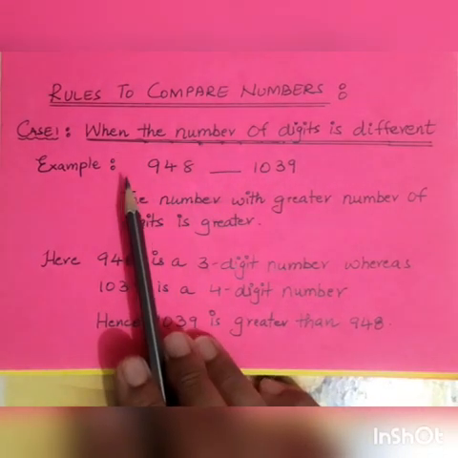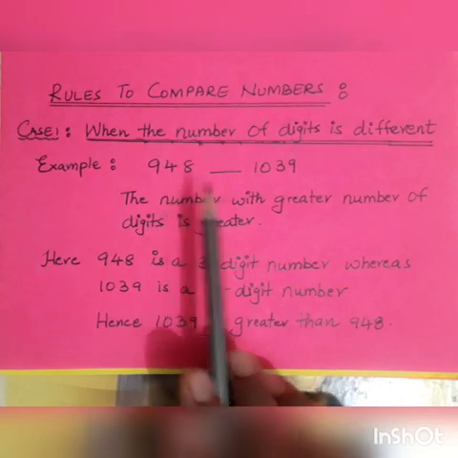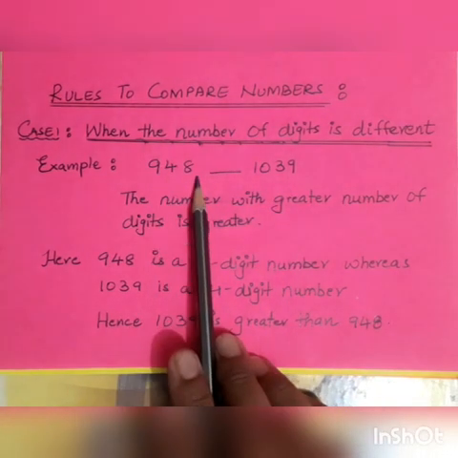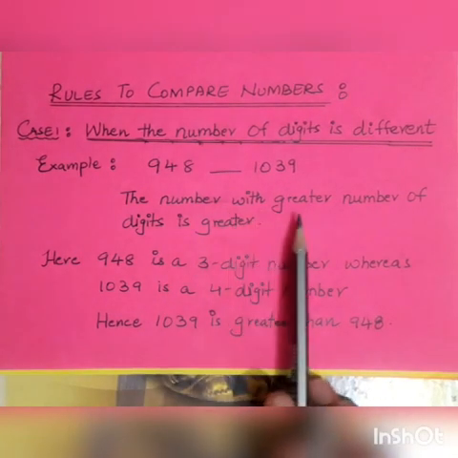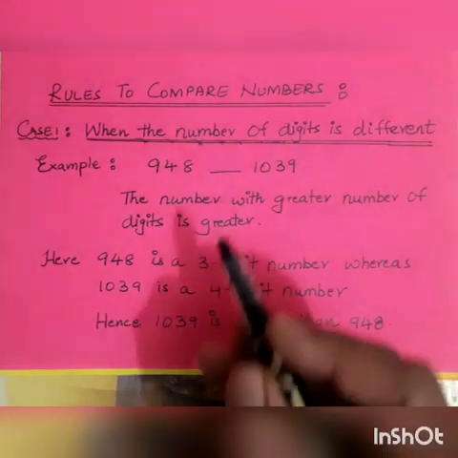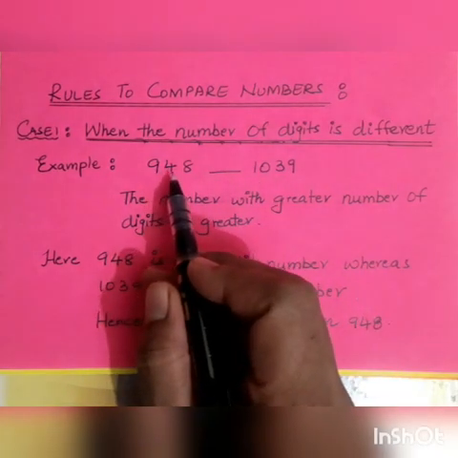Here in this example, on one side you have the number 948, whereas on the other side you have the number 1039. 948 is a 3-digit number, whereas 1039 is a 4-digit number. So the number with the greater number of digits is greater. So here in this case 1039 is greater than 948.